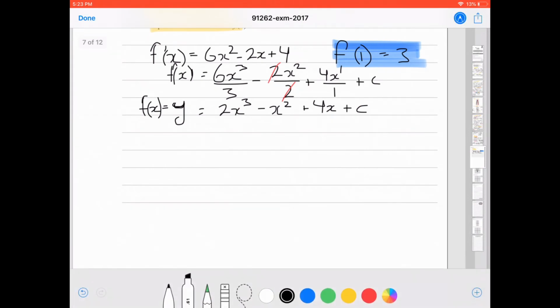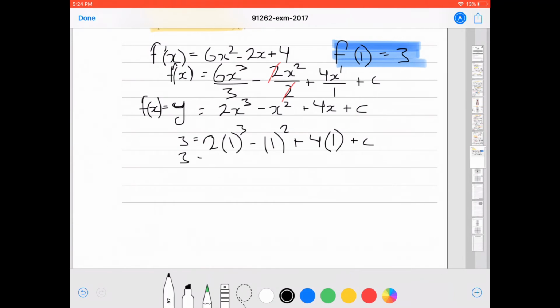We are going to say that 3 equals 2 times 1 cubed minus 1 squared plus 4 times 1 plus c, and so we're solving for c.